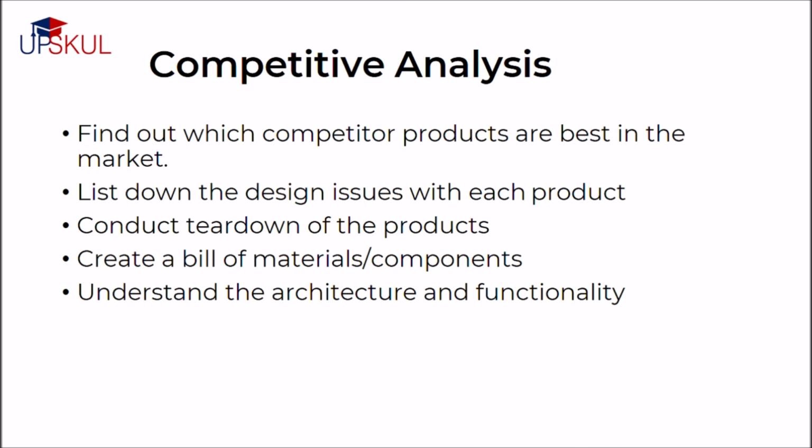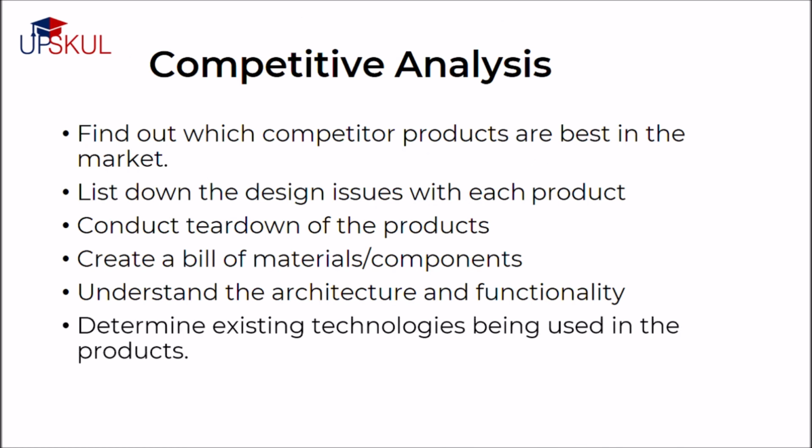Next, you need to determine existing technologies being used in the products. Instead of inventing a new technology every time, you need to check if slight changes in the existing technology can help you reach your goal better.